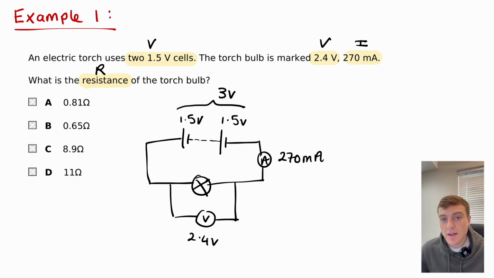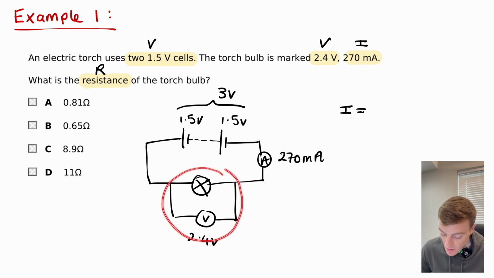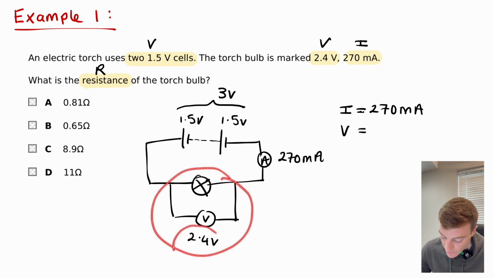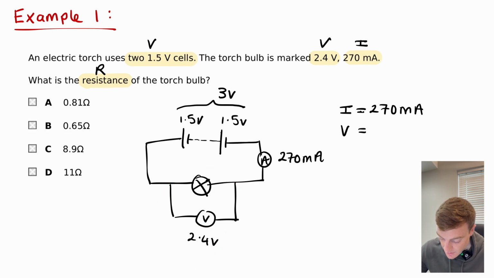Now let's write out each of my terms. I know that current is the same in series. So the bulb's going to have a current of 270 milliamps. I can now see that the potential difference over the bulb is 2.4 volts. So that's the potential difference I'm going to use. I know that Ohm's law is V is IR.